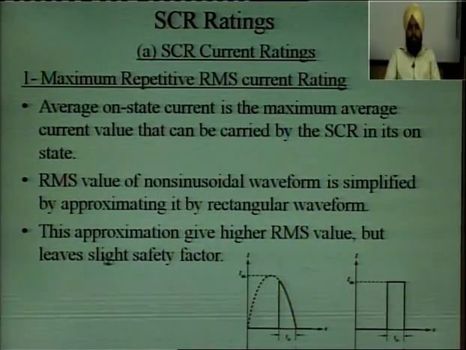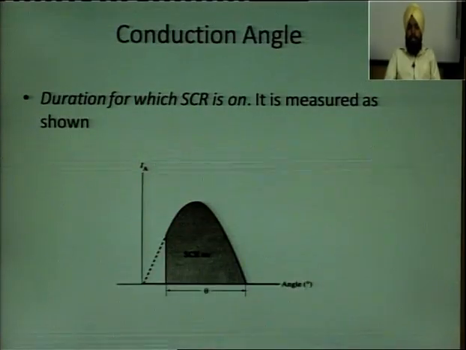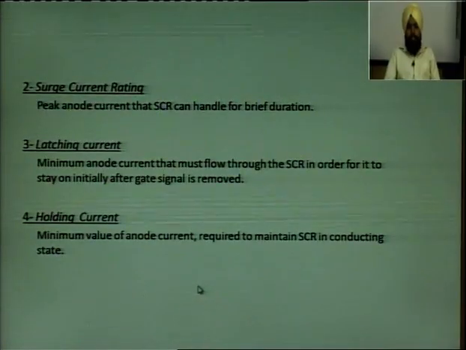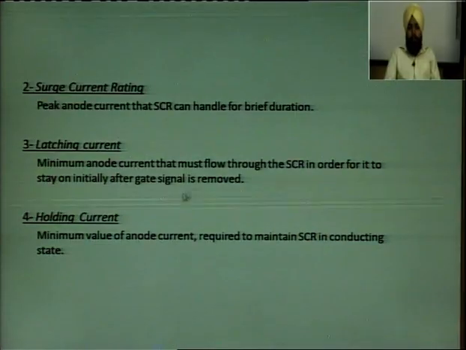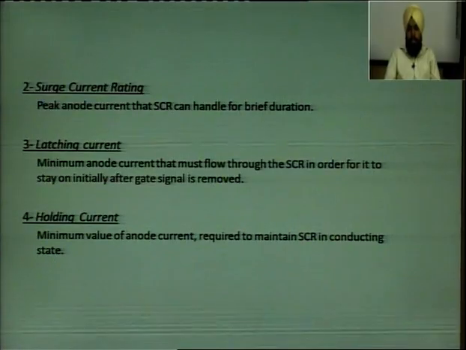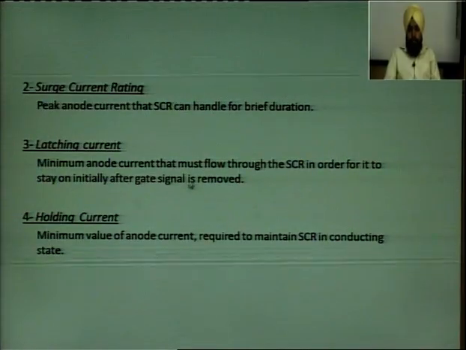So, these are SCR current ratings, that is maximum repetitive RMS current rating, conduction angle, that is the duration for which SCR is on, surge current rating, latching current. Latching current is the minimum anode current that must flow through the SCR in order for it to stay on initially after the gate signal is removed.